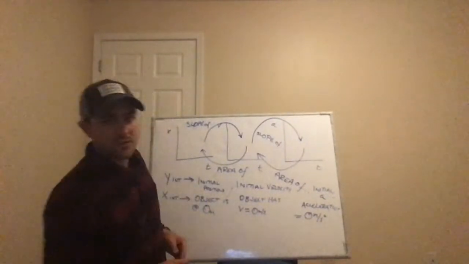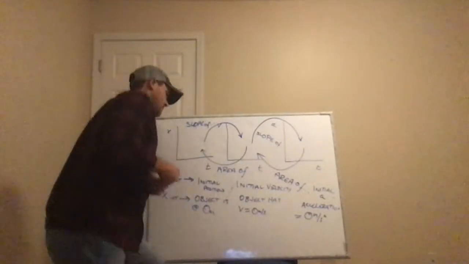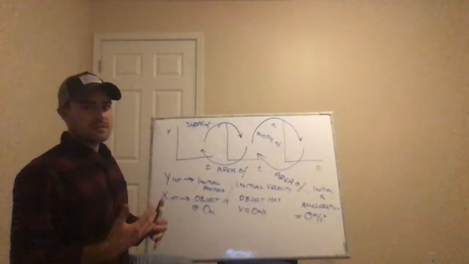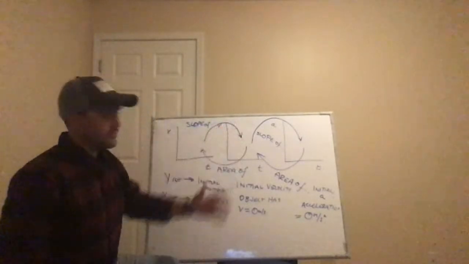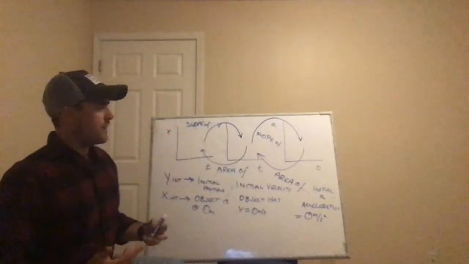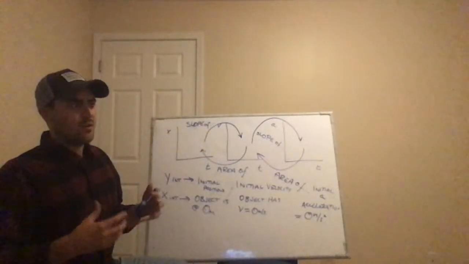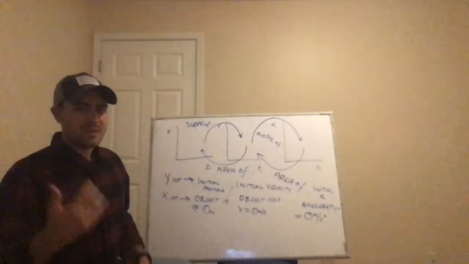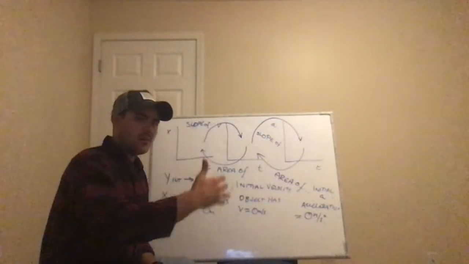So these are all key features that you need to be aware of when you're looking at these graphs. You need to be able to look at the slope of a graph, either position in time or velocity in time, and analyze what's going on. You need to be able to analyze a y-intercept or an x-intercept to make a statement about what is going on based on the graphs.